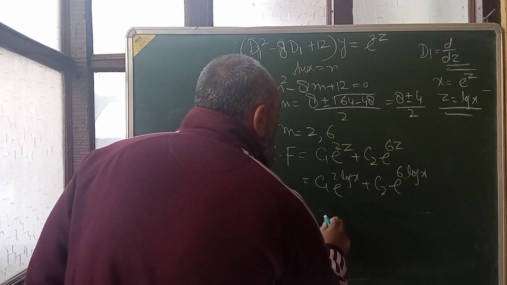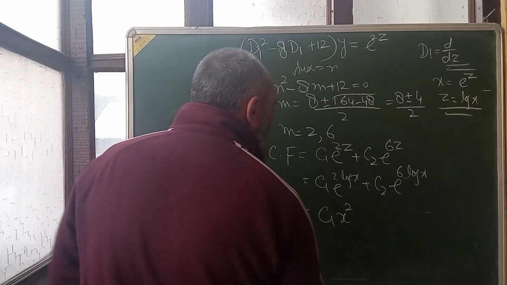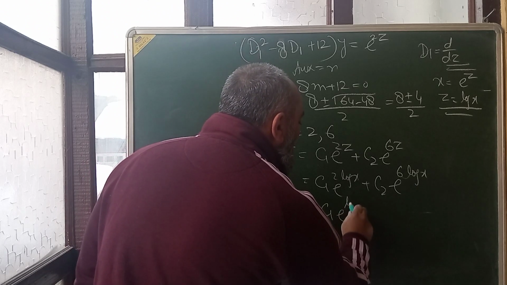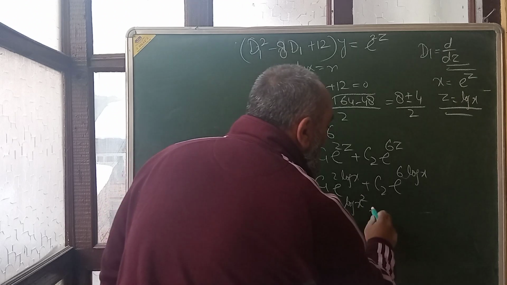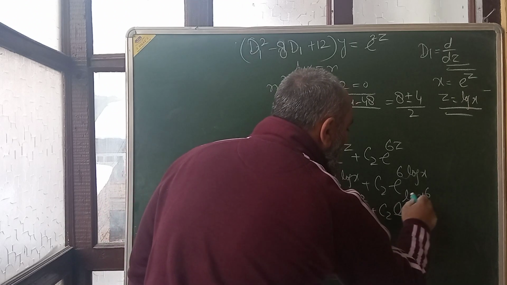So this is c1 e to the power log x square, c2 e to the power log x to the power 6.